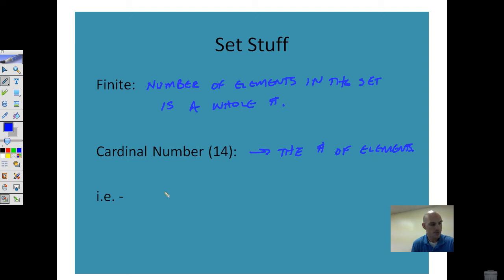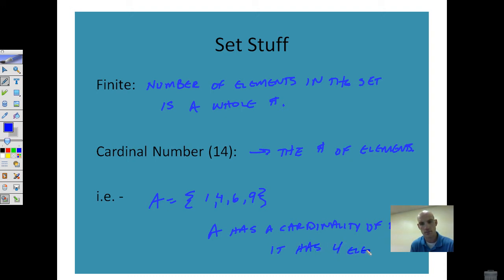So for example, if I have a set A is 1, 4, 6, 9, A has a cardinality of 4. It has 4 elements. So it has a cardinality of 4 because it has 4 elements. It only has 4 elements, so it has a cardinality of 4. It is a finite set.